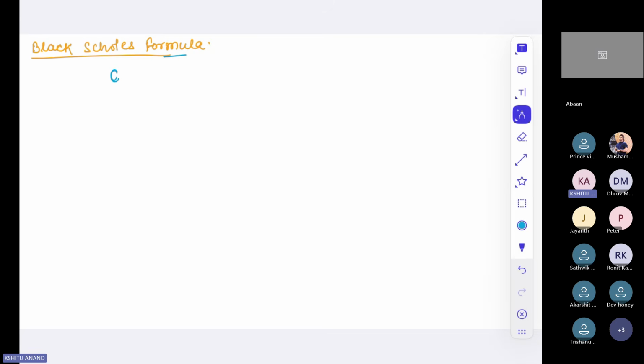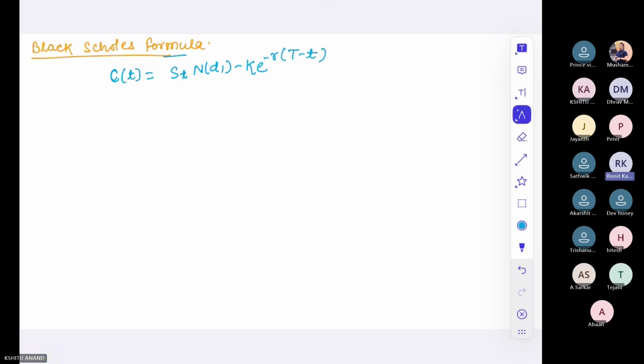C, that is the price of a call option at time t, is S_t times N of d1 minus K e to the power minus r times (capital T minus small t) times N of d2. Capital T is the expiry date of this particular option, right? Now, what are this N(d1) and N(d2)?